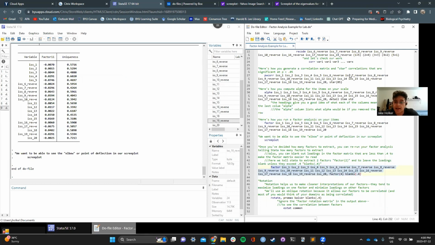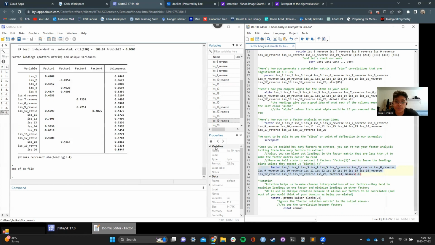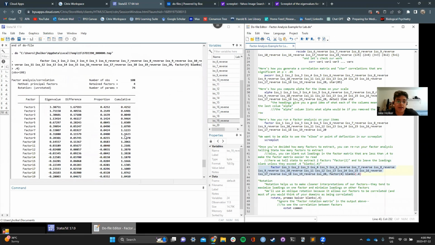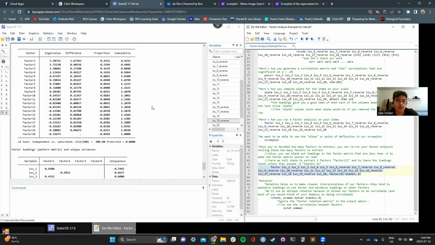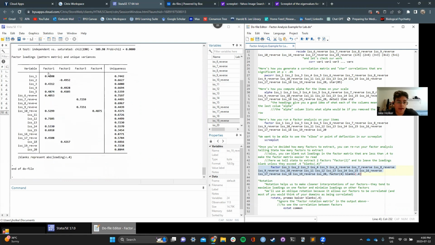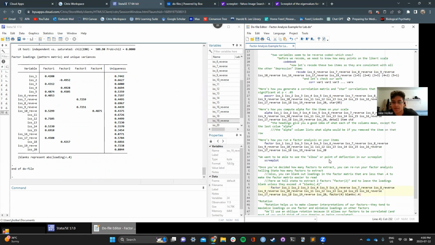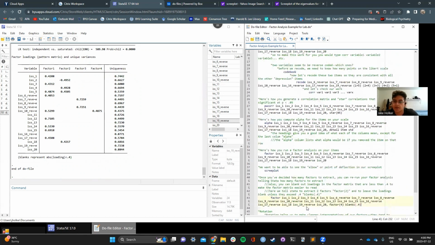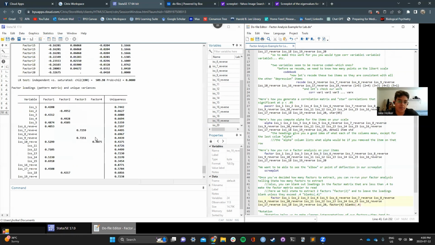We're going to highlight that and click on it, and we should have a new eigenvalue table and a factor matrix. For this rotation, you don't have to worry about that. I'm not really sure what that is, but all you need for your factor analysis is these 2 lines right here.